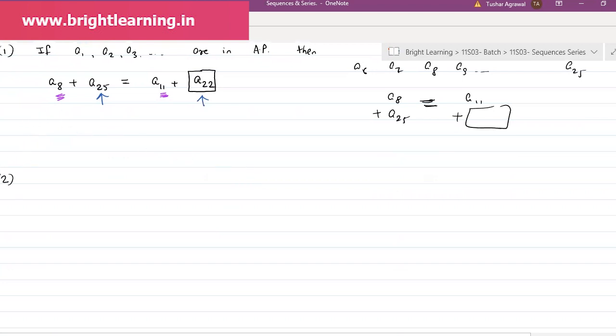Then second question. The sum of 3 numbers in AP is 24 and their product is 440.